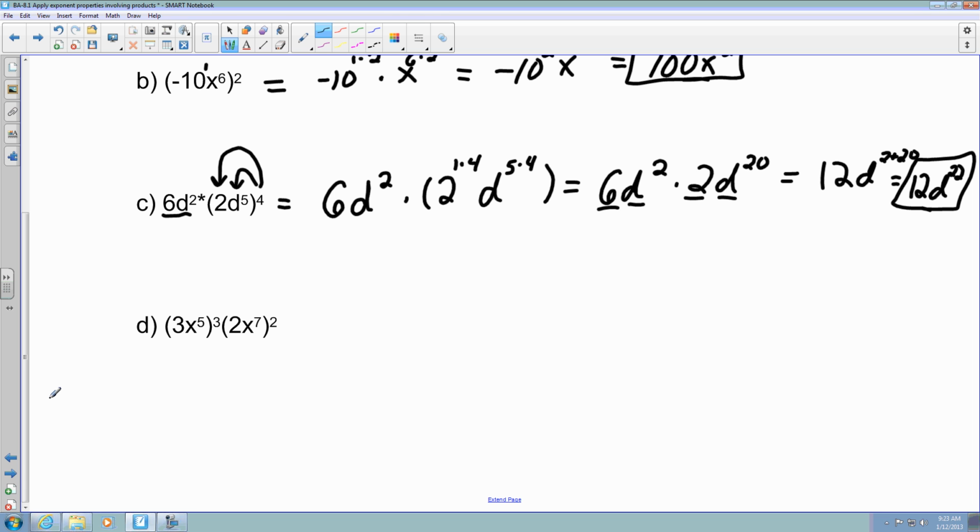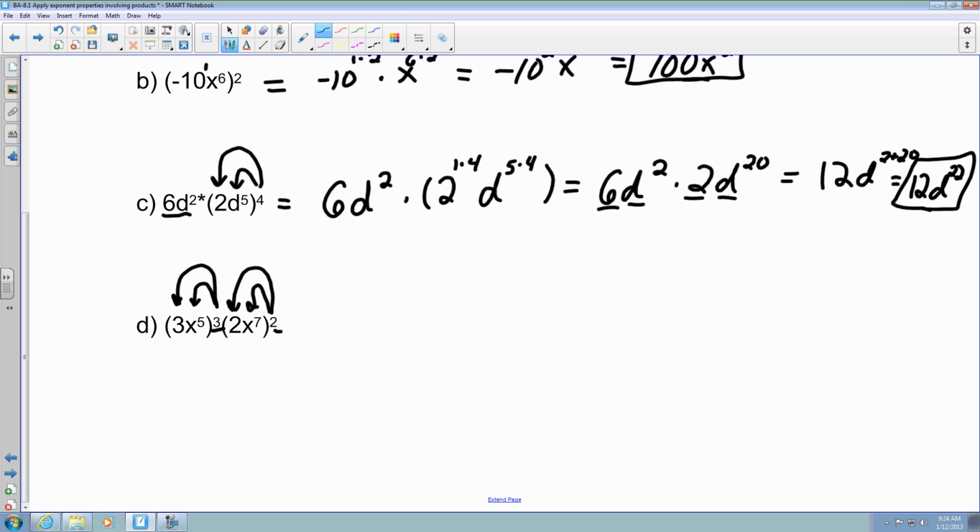But our cubed value and our squared value do attach to both. So our cube here would attach to the 3, and it would also attach to the x to the 5th. Our squared exponent here would attach to the 2, and it would also attach to our x to the 7th.